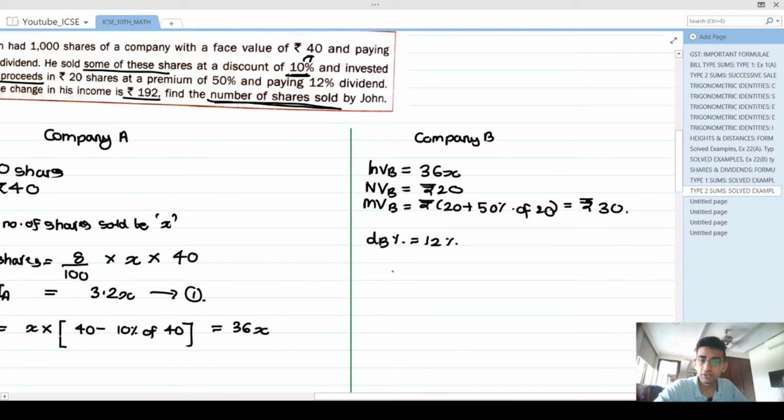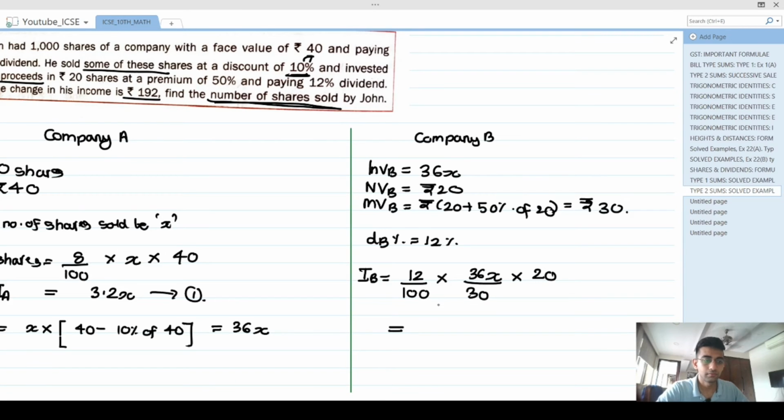So now let's calculate the income that company B gave. That is nothing but dividend into number of shares. Number of shares is investment in B upon market value of B, into the NB. This turns out to be exactly 2.88x.